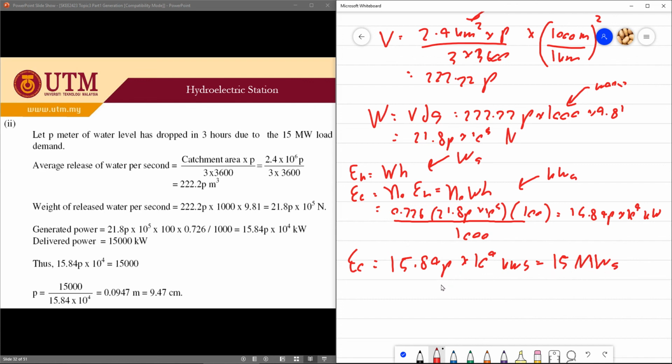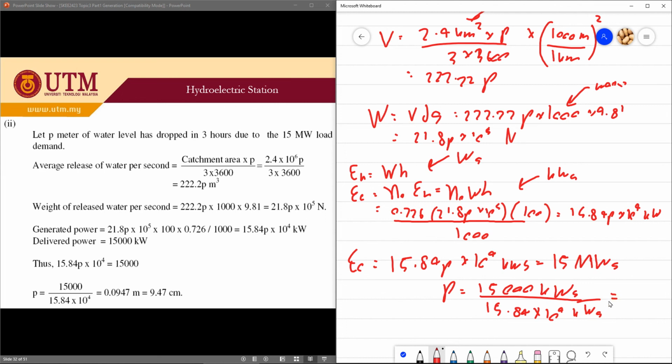So from this you can calculate P is equal to 15, because this is mega, this is kilo, so 15000 kilowatt seconds divided by 15.84 multiplied by 10^4 kilowatt second.